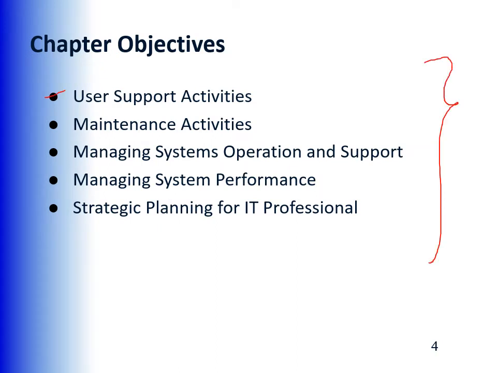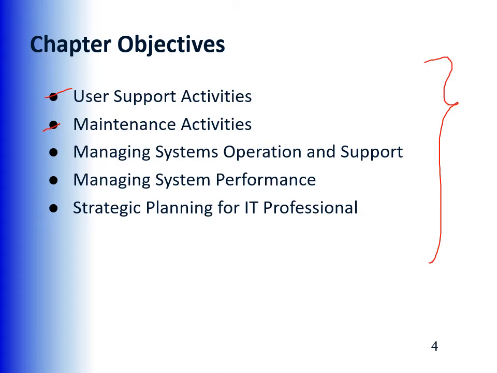Okay, these are the objectives of this chapter. We start with user support activities, where we discuss system support, including user training and help desk. The second objective is to discuss four main types of maintenance, which are corrective, adaptive, perfective, and preventive.